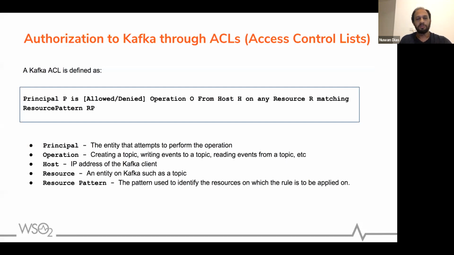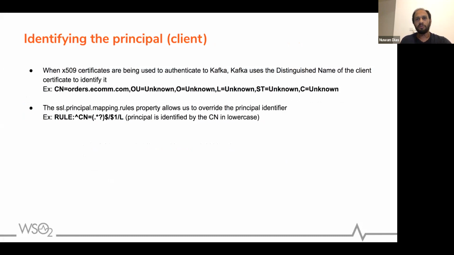Now, first of all, in order to apply access control to Kafka, Kafka needs a way of identifying a client. What we are going to tell Kafka, in simple terms, is to allow a specified user to perform a specified action on the Kafka resources. What that basically means is you first need a way of identifying the user.